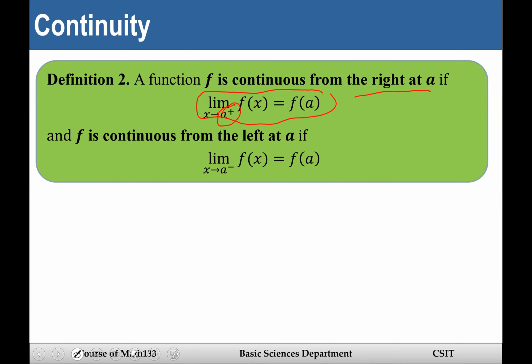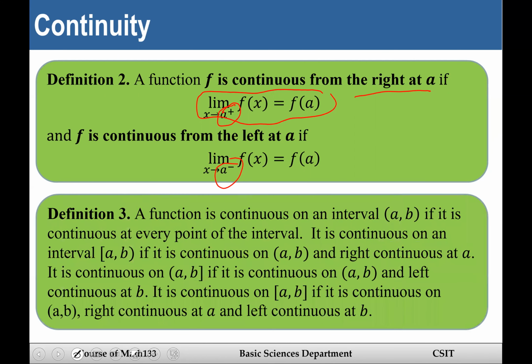If we talk about continuity from the left, we will take A minus. So we don't need to look to the other side for continuity from the right or the left. And of course, we say the function is continuous at the point when it is continuous to the right and to the left.